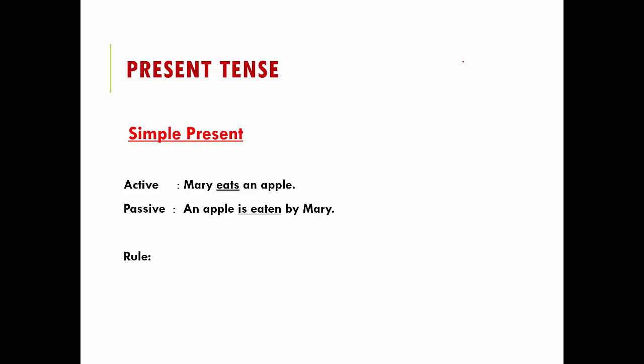I will be using some technical terms such as V1. V1 is the present tense. V2, that is the past tense. And V3. What does V3 mean? Does it mean the future tense? No, V3 is the perfect form of the verb, or you may call it the participle form of the verb.